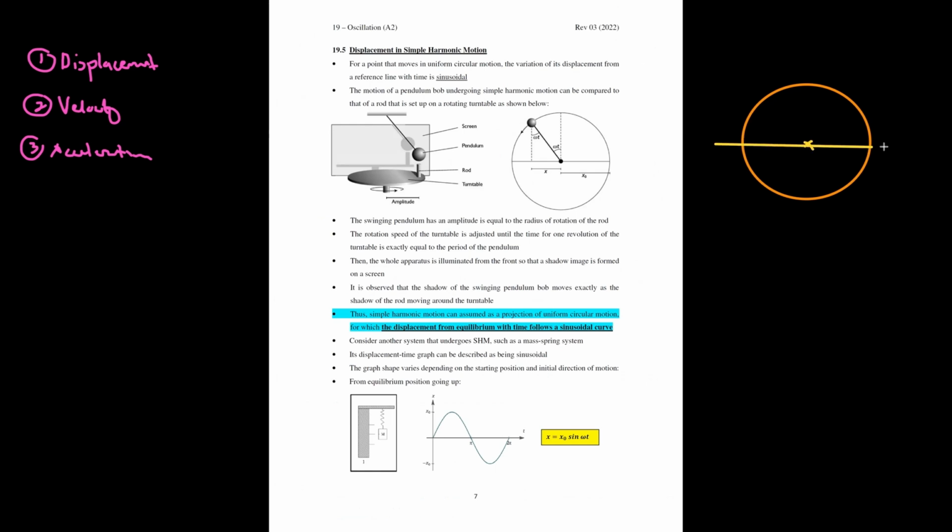Let's just say, for example, I have a point over here, and this point is moving in circular motion at constant speed. Okay. This point moves to this point, to this point, to this point, and then to this point.